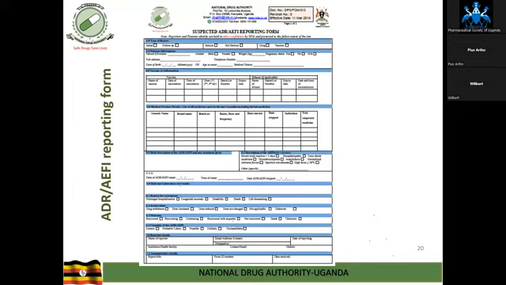The details of that we need more information. So that is what happens in pharmacovigilance.